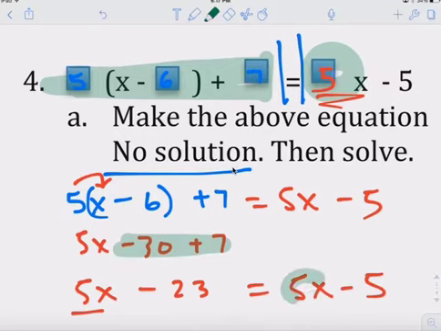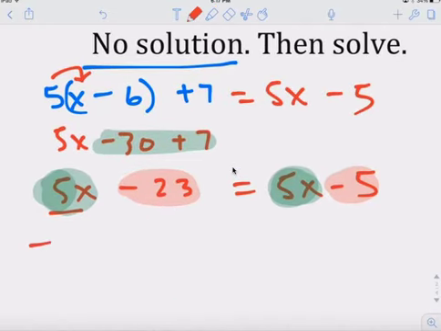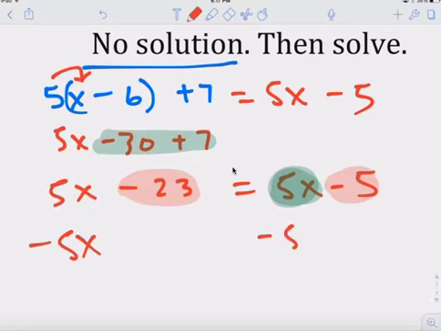Notice the coefficients, these are called coefficients, are the same, and the constants, I'll do it in red, the constants are different. It's going to be no solution. Watch. Minus 5x. Take this out because that looks like a division sign. Minus 5x.